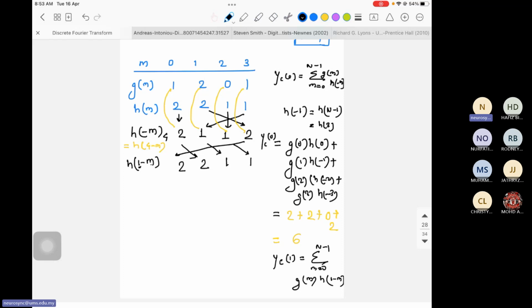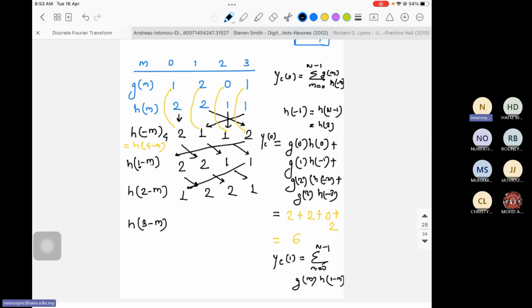Now suppose I want to find h of 2 minus m. In that case again this shifted version will shift by 1 towards the right. So you will get the sequence like this. H of 3 minus m I can find like this.